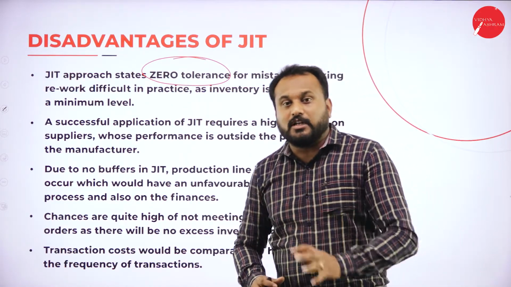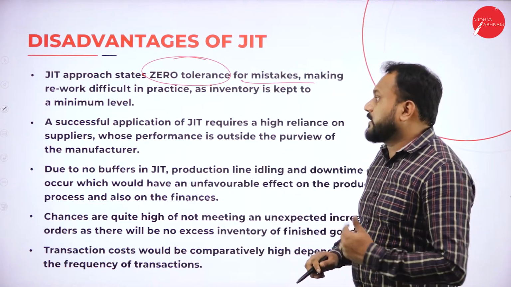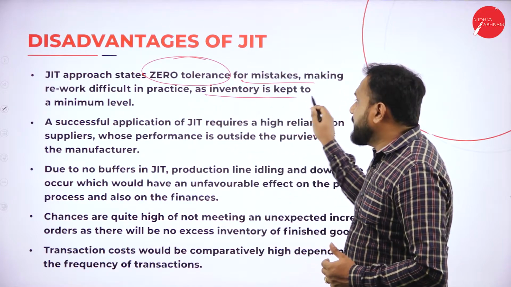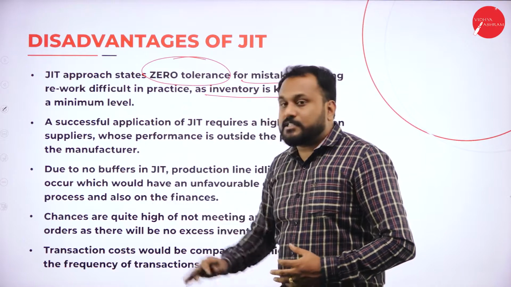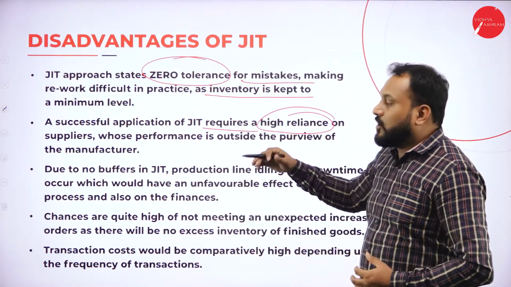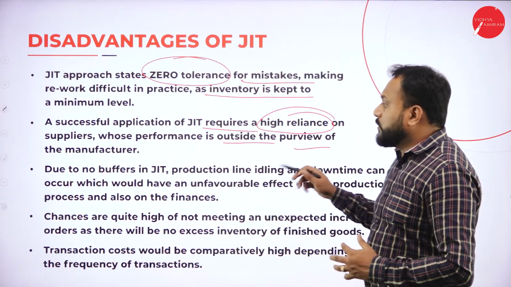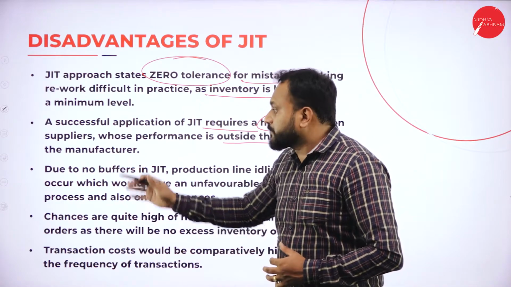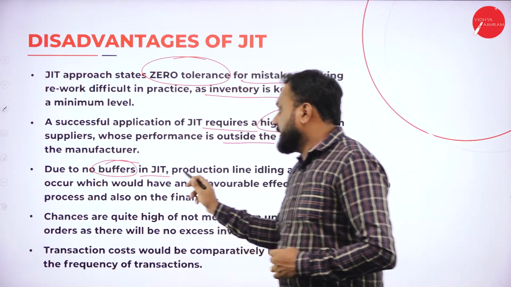It is zero tolerance for mistakes, making rework difficult in practice, as inventory is kept to a minimum level. A successful application of JIT requires a high reliance on suppliers whose performance is outside the peer review of the manufacturer. Due to no buffers, you should never have buffers in JIT.